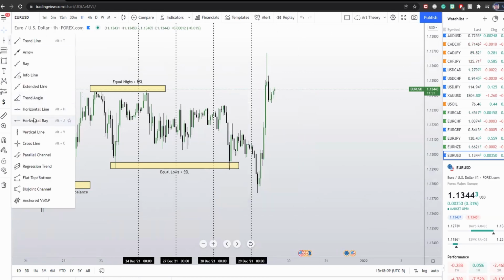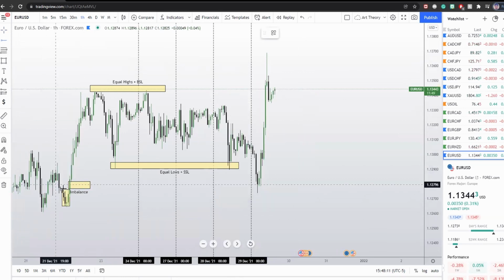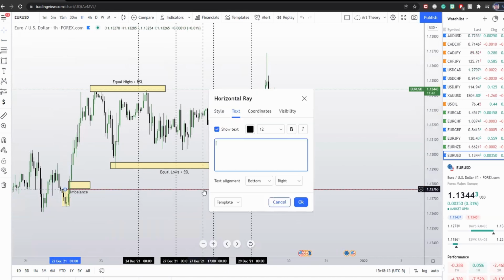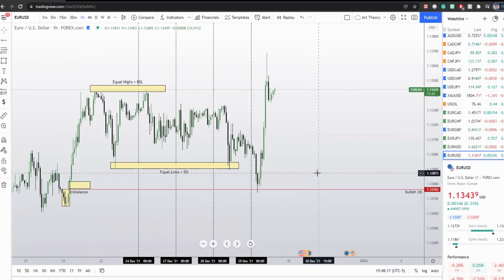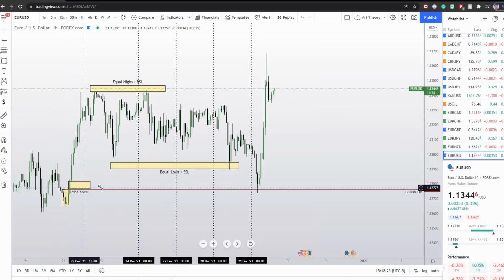And let me just note out that order block so we can start seeing them too. As I showed you guys, what's a valid order block? A valid order block is one resting below an imbalance or fair value gap. As you guys can see, very nice fair value gap there, equal lows as well.